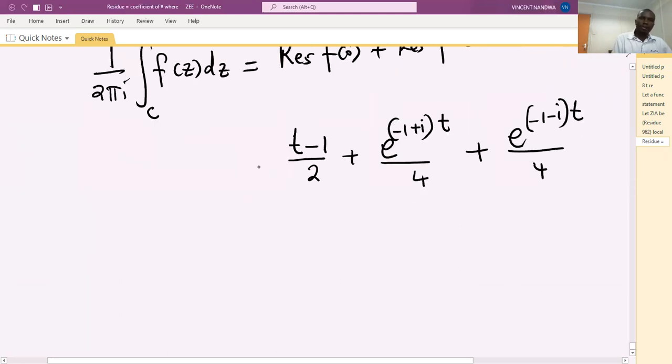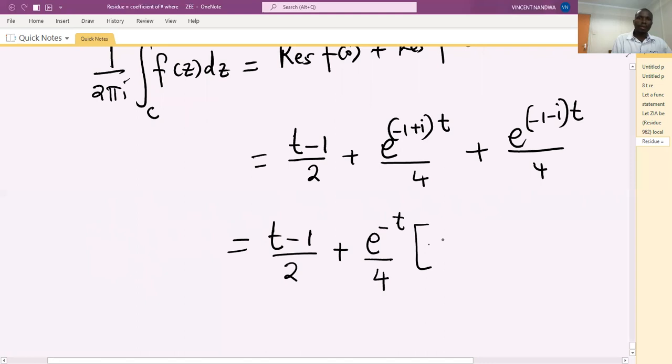So this will give you (t minus 1) over 2 plus e raised to the power minus t over 4, which is common to these two terms, times (e raised to the power it plus e raised to the power negative it).